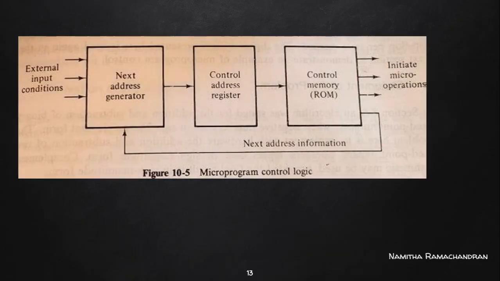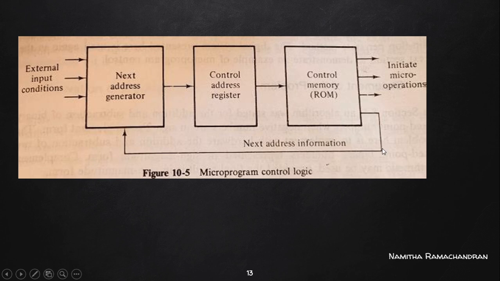So this is a representation of microprogram based control logic design. Here we have a next address generator unit, a control address register, and a ROM type memory in which all the control words are stored as separate memory words.